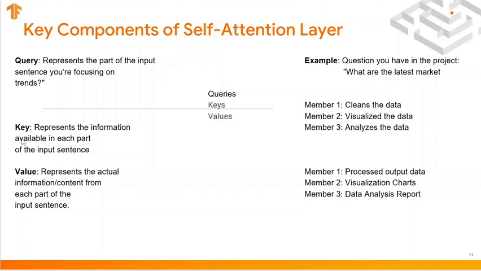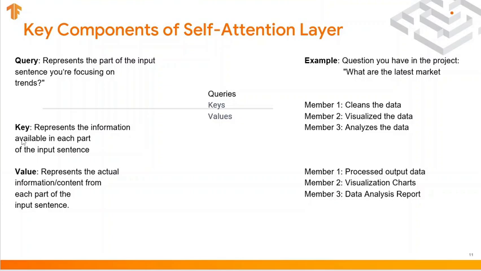And key represents the information available in each part of the input sentence. Let's say, what are the latest market trends? To understand the latest market trends, I must take certain steps. I have the data set of the market, and I have to get insights into the market trends.